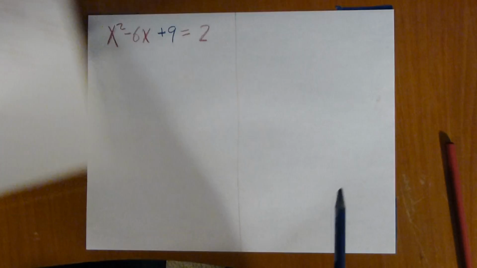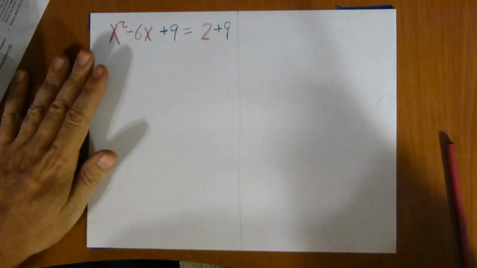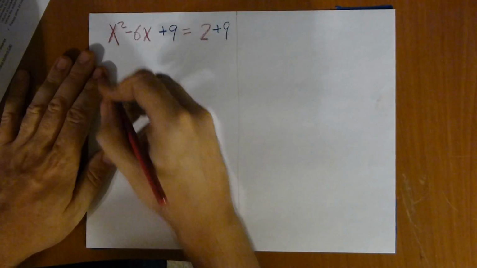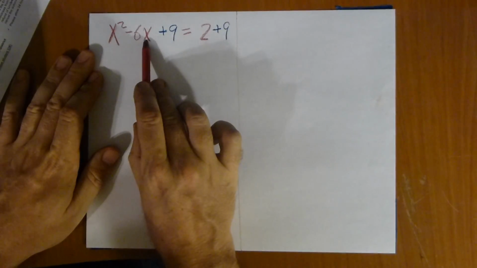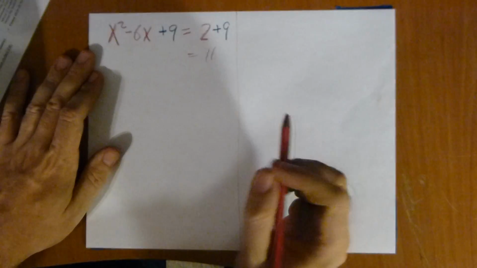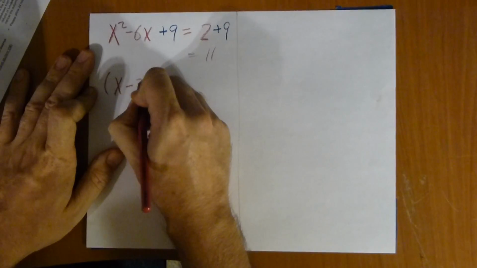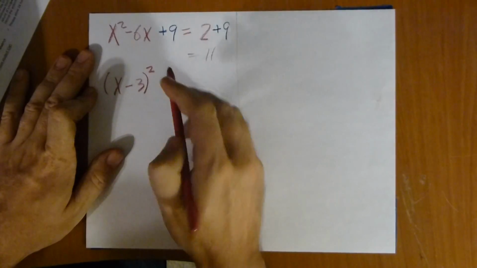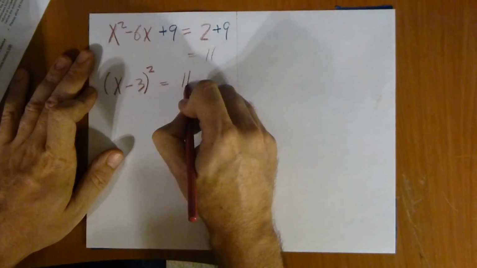Remember the figure we found out a minute ago? 9? Add that to both sides. So now we have x squared minus 6x plus 9 equals 11. Or in other words, here's the trick, x minus 3 squared, we added the 9 just so we could do this, equals 11.